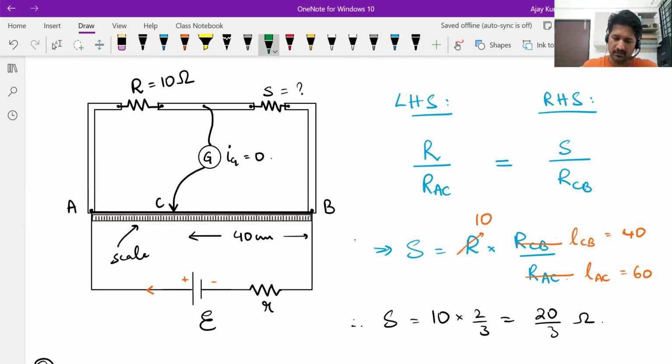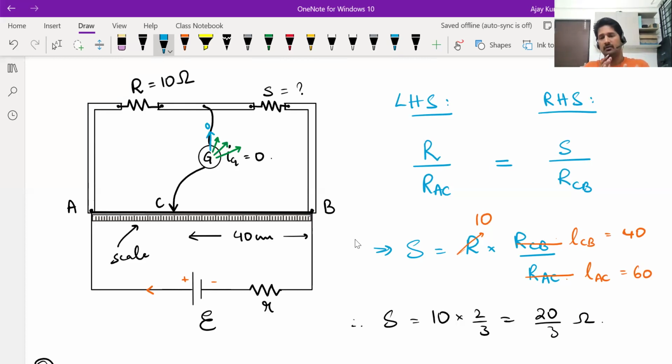Let's say all this while, as you shifted the jockey from A to C, the galvanometer was deflecting to the right side. Large deflection, then a slightly small deflection, even smaller deflection, and finally 0 deflection. The galvanometer exact device I'm not drawing, I'm just showing you the needle randomly.